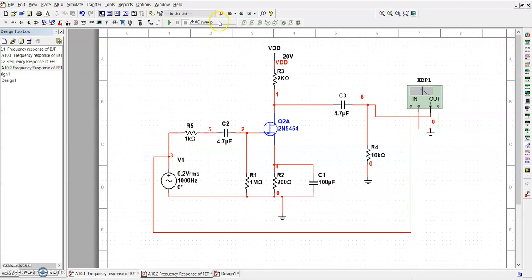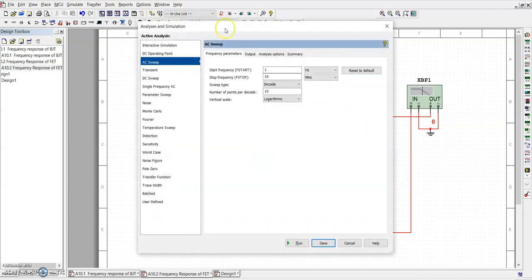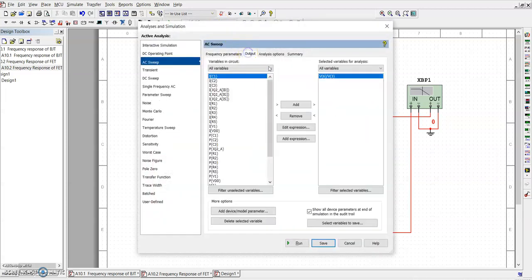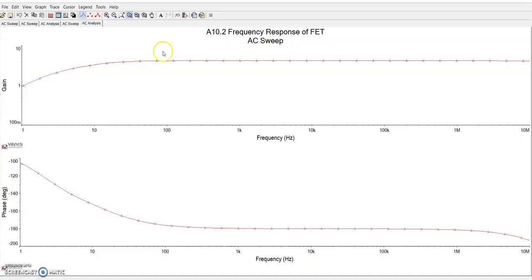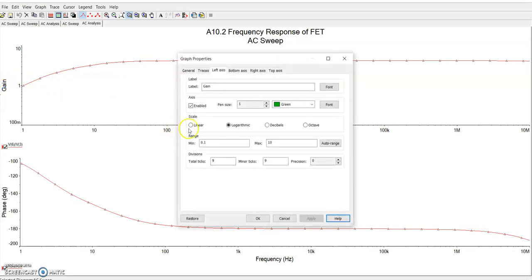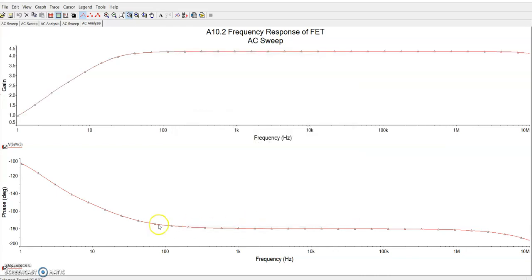So go to AC sweep, output, and I have already added the expression output voltage by input voltage. Here our output voltage is 6 and the input is 3, so I have given it. You can run here also. Okay, run. And make sure your gain is in linear or decibels. I'm going to give decibel.